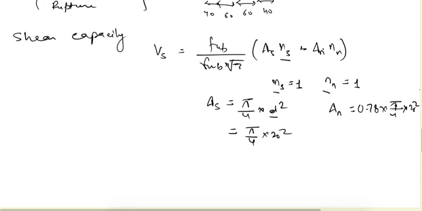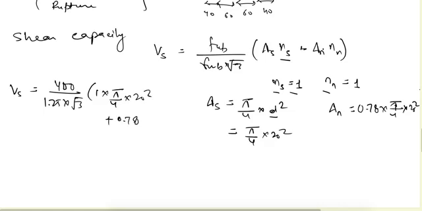So putting all these values, we can calculate the shear strength. fub is 400 divided by 1.25 into root 3. So 1 into 1 plane is passing through each, so 1 into pi by 4 into 20 square plus 0.78 into pi by 4 into 20 square. So that is the shear capacity or shear strength for one bolt.